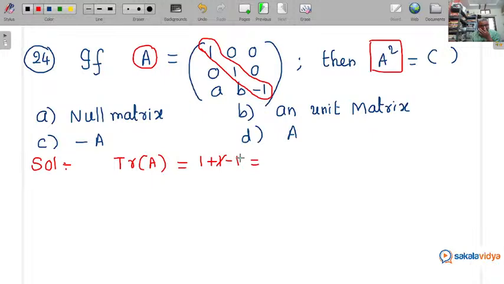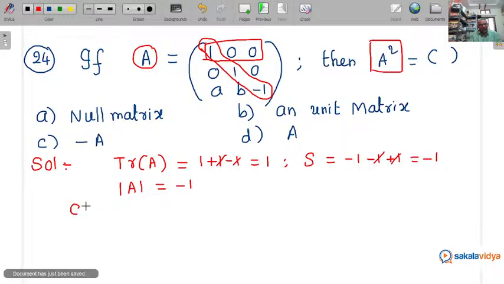So this will be 1 1 cancel 1. Next, sum of the cofactors of the principal diagonal elements. So that will be minus 1. Clear? This one, deleting this row, this column, deleting this row, this column. So minus 1. So this one is actually cofactor of this one is 1 plus 1. Again this will be minus 1. So next, det A. So det A, what is det A? So expanding first row, so that means here minus 1.